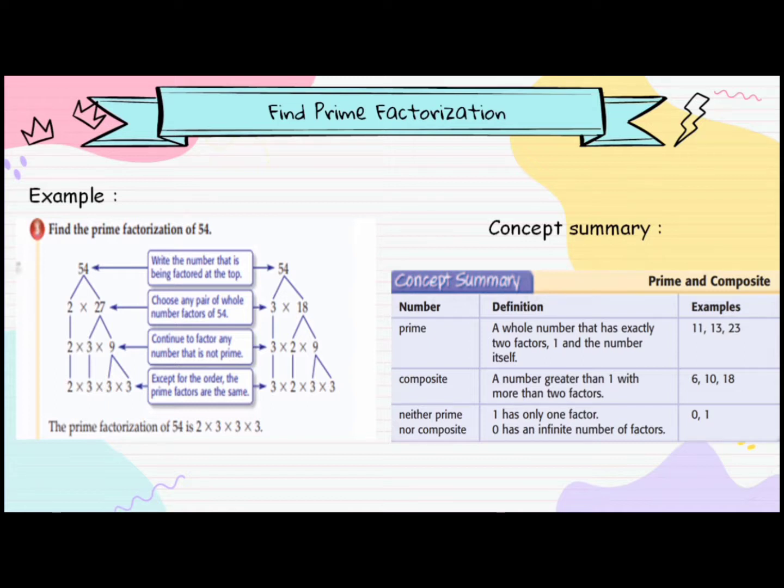The definition of composite is a number greater than 1 with more than 2 factors. For example, 6, 10, 18. The last, neither prime nor composite. The definition is 1 has only 1 factor, 0 has an infinite number of factors. For example, 0, 1.